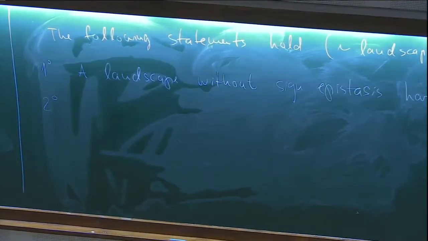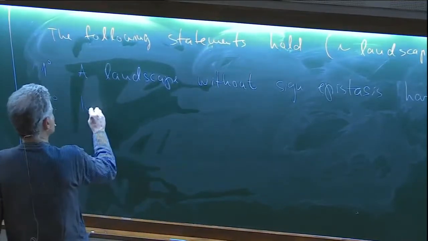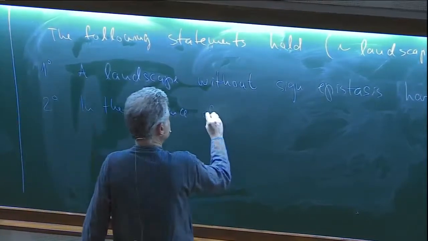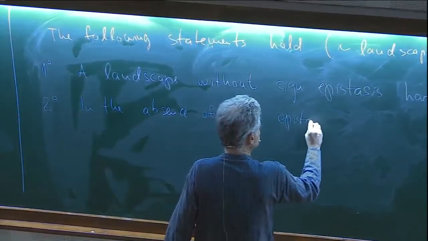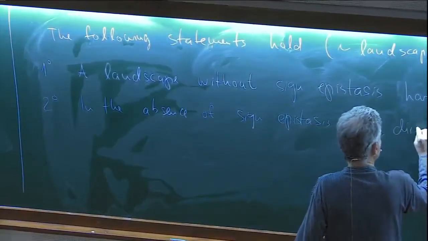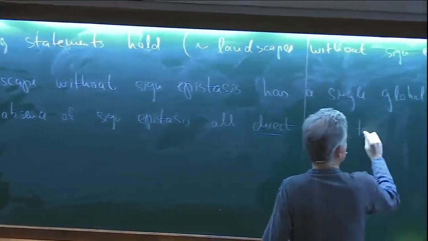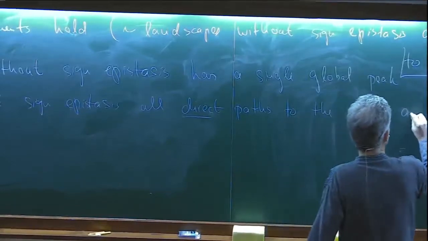What Weinreich and collaborators prove is that this is essentially equivalent to having no sign epistasis. So in the absence of sign epistasis, all direct paths to the global maximum, the global peak, are accessible.